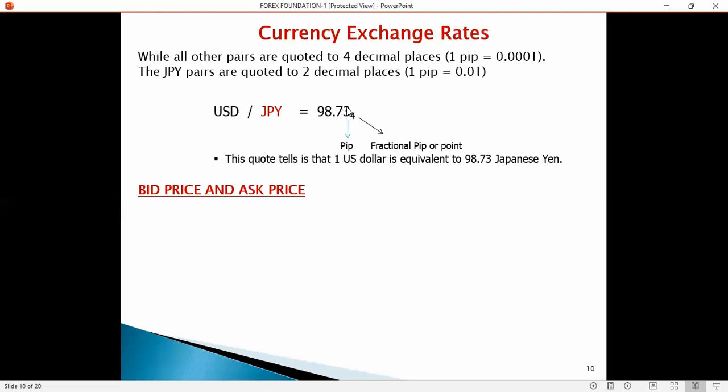And for this one to change, this fractional pip right here needs to move to 10 for this 3 to change to 4. For this 3 to change to 4, this point needs to move from here to 10. I hope this is clear.